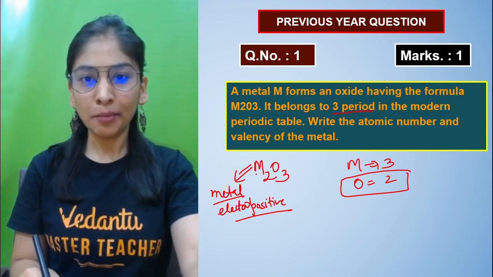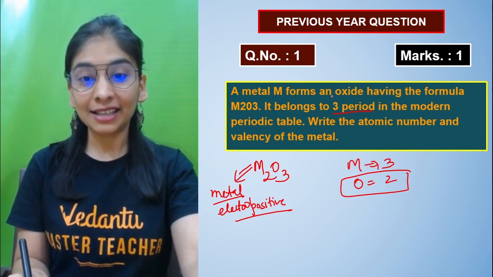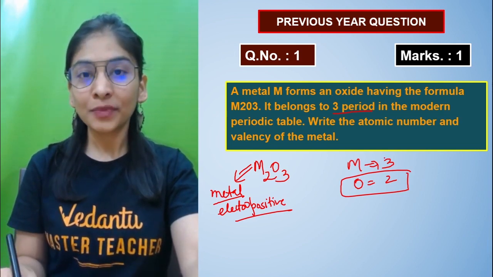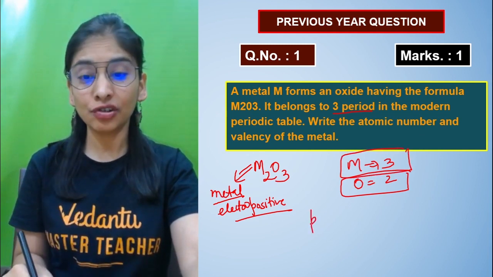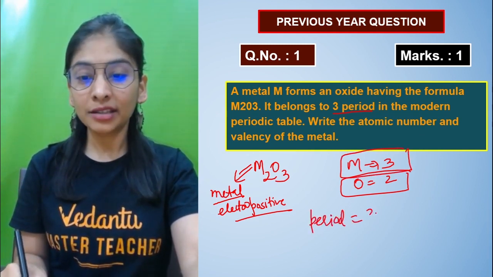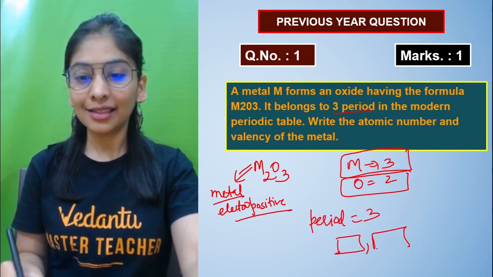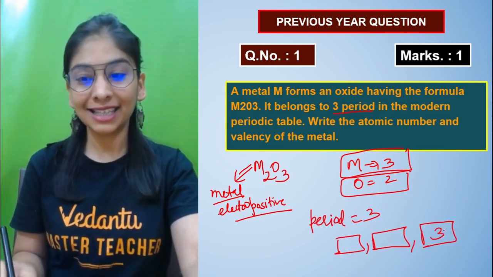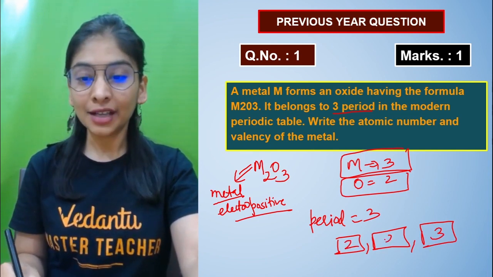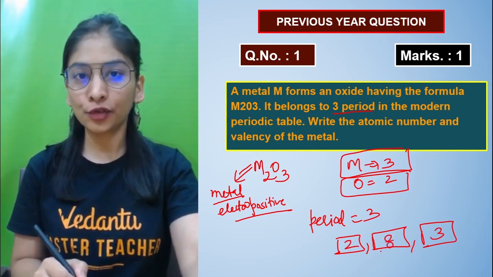So this is definitely a metal, and then metal oxide, as it's also given. Metal's valency 3 means the last shell has 3 electrons. Period number 3 means 3 shells: K, L, M. Last shell 3 electrons, because a metal with valency 3 is this condition only. First and second shells must be fulfilled, then only you will move to the third one.